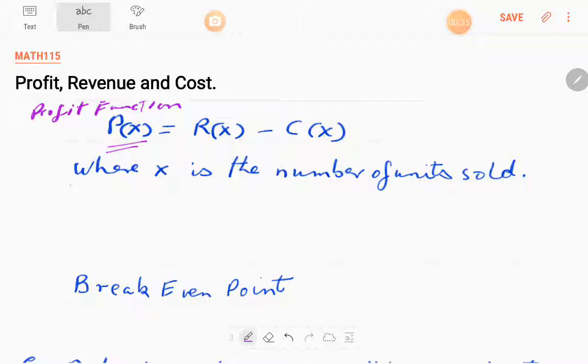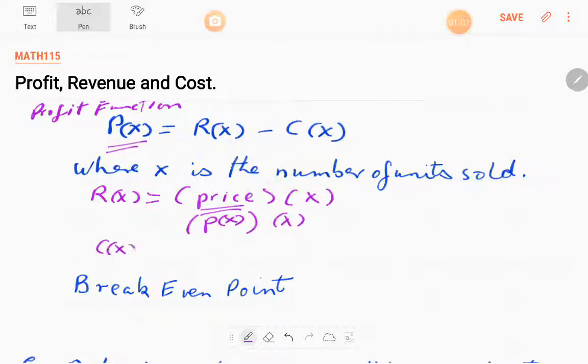So our revenue function is made up of our price times the number of units sold, x. Now price itself could be written as a function, but price would be a lowercase p. So you could see something like this, p(x) times x.